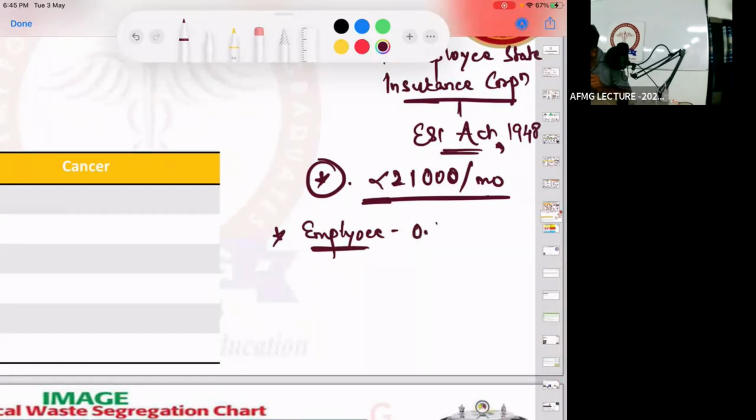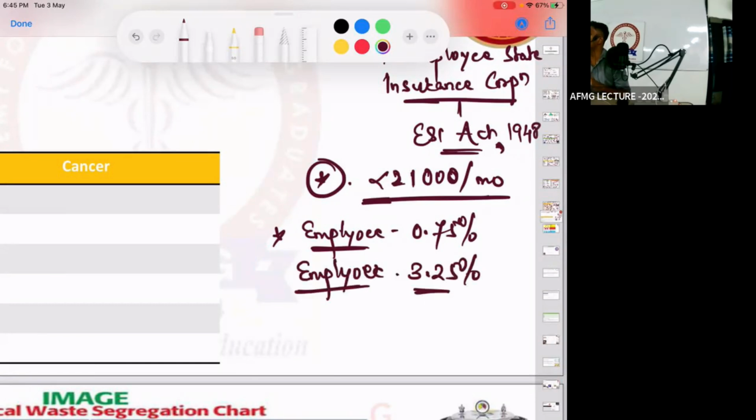It is 0.75% of his wages or salary. Whereas the employer, who gets the work done, contributes 3.25% of the wages, making a total of 4% of the salary. So if his salary is 20,000, out of that 0.75% he will give, and 3.25% would be given by his owner or the employer.